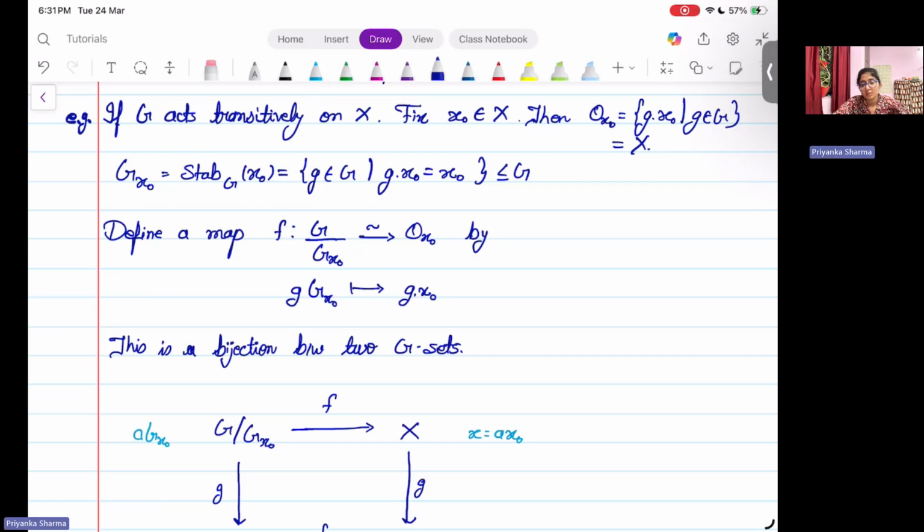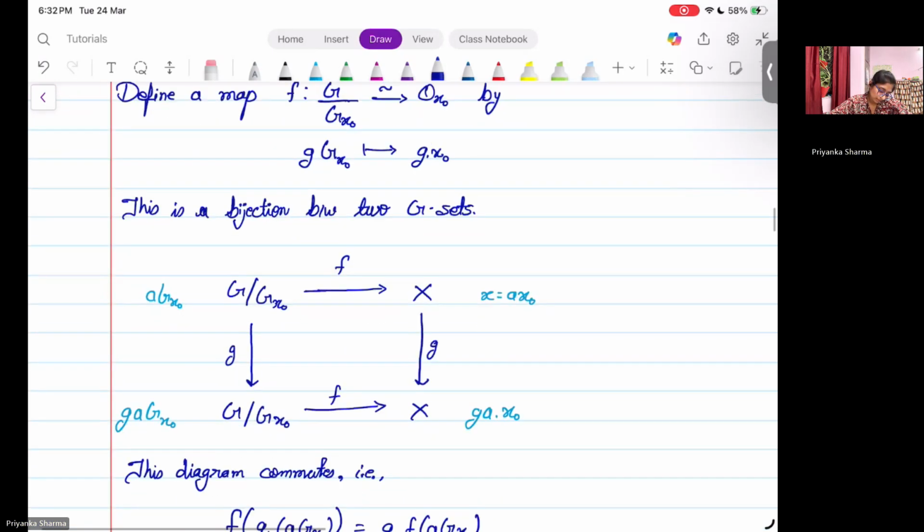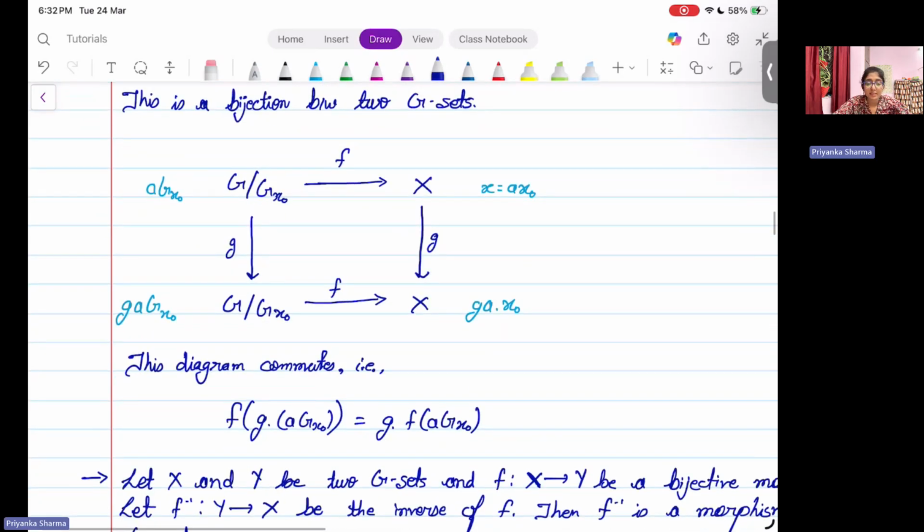G mod G_x naught, this group will have elements of the form g G_x naught, and these kinds of elements will be mapped onto g dot x naught. So this is a bijection between two G sets, this G mod G_x naught and the orbit of x naught. These are two G sets, that is, the group G acts on these two sets, and this is the corresponding diagram.